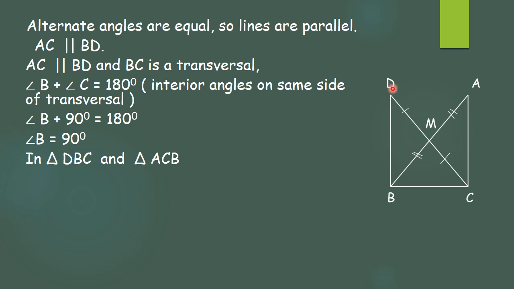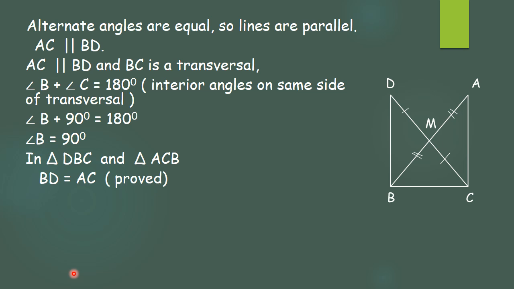So DBC is a triangle and ACB is another triangle. Already we have proved that BD is equal to AC, by CPCT from the first result.